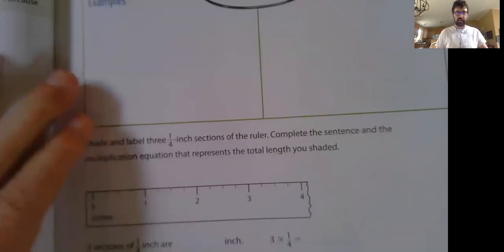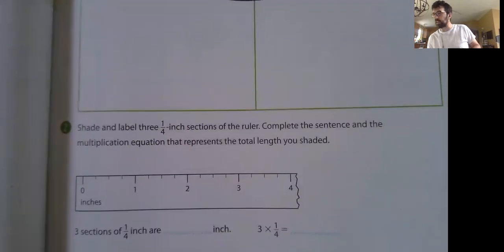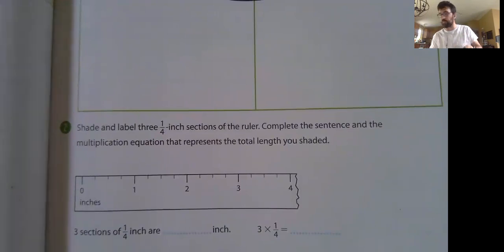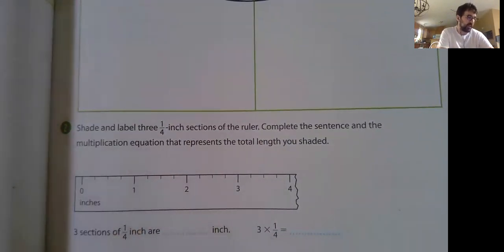Last one we're going to do together today. Then on page 394, there are numbers 3 and 4 you'll do on your own, but we'll do number 2 together. Number 2 says, shade and label 3 1/4 inch sections of the ruler.